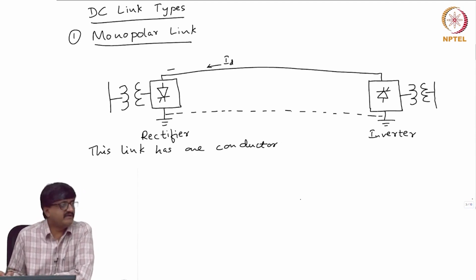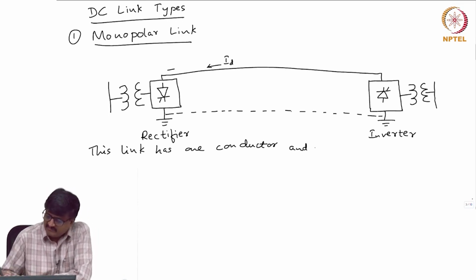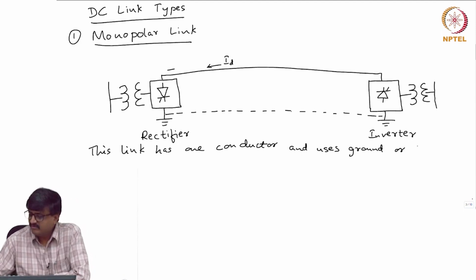Just one conductor alone will not serve the purpose of current flow, so I need to close the path. So, it uses ground return or water return.